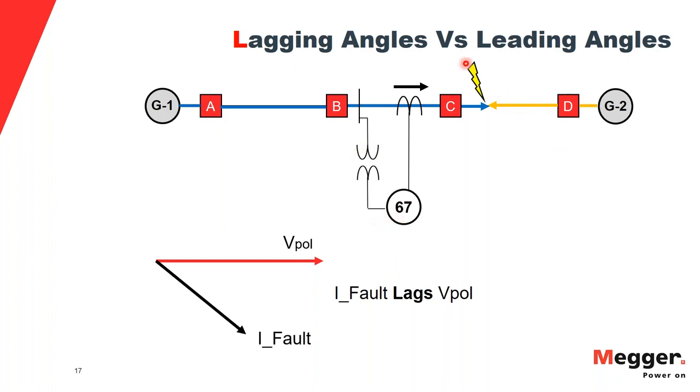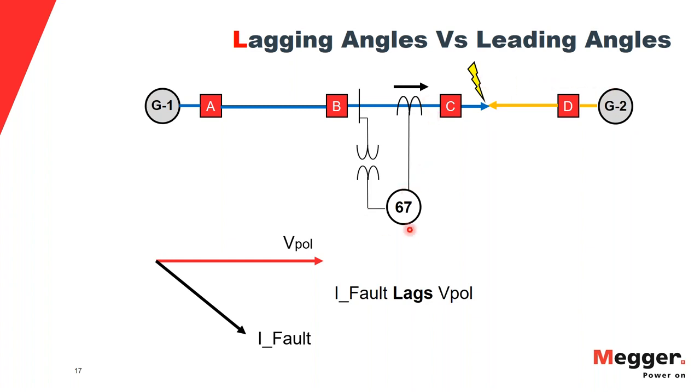In this scenario, if I see a fault here between line C and D, I have a generating source G1 which sends the current in this direction, feeding the fault, and I have generator G2 sending the fault current in this direction, feeding the fault.